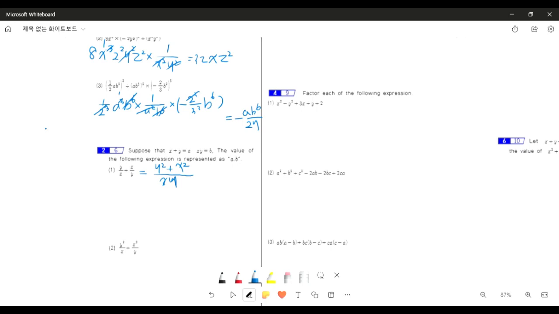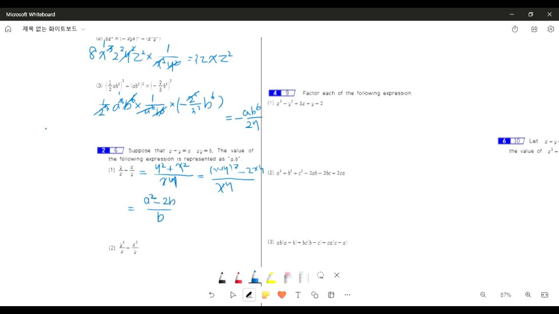There's no method for the expression x squared plus y squared directly, so we can use the product rules, so xy plus x plus y squared minus 2xy, then a squared minus 2b over b.